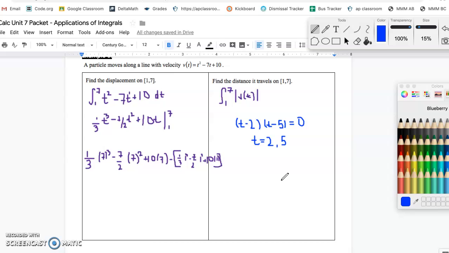Now I'm going to make my sign chart, from 1 to 7, and I know I'm changing signs at 2 and at 5.